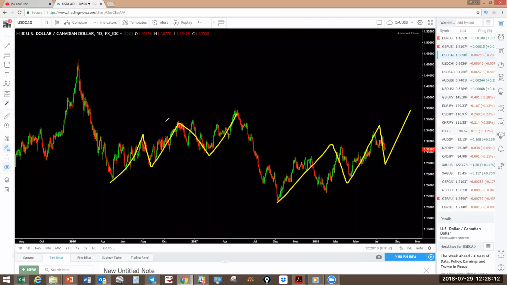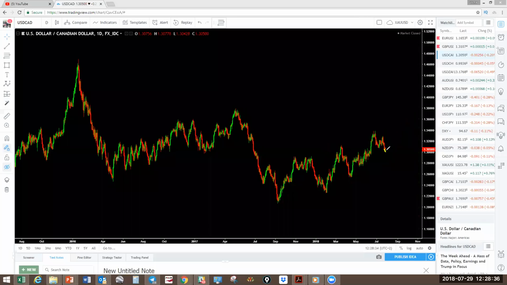That is a WXY exact. So that's what you're expecting. You can see the similarity between these two structures. So as much as we're expecting this to drop a little bit further, for now it is a 7 swing sequence, but if it pushes higher, it will give us an 11 swing sequence, and we'll be looking to sell it when it goes there, same way that we sold it at that level. Okay, so let's keep an eye and see how that plays out.